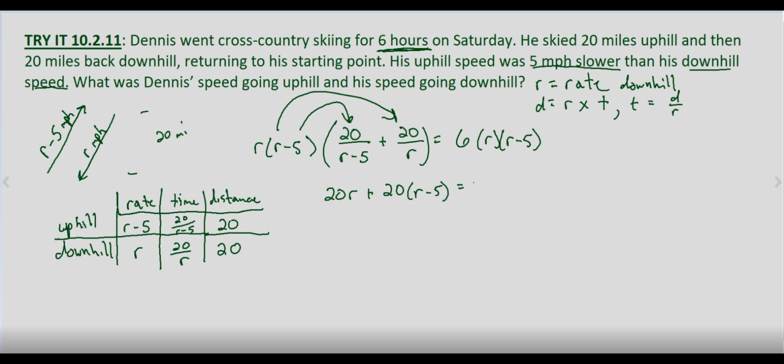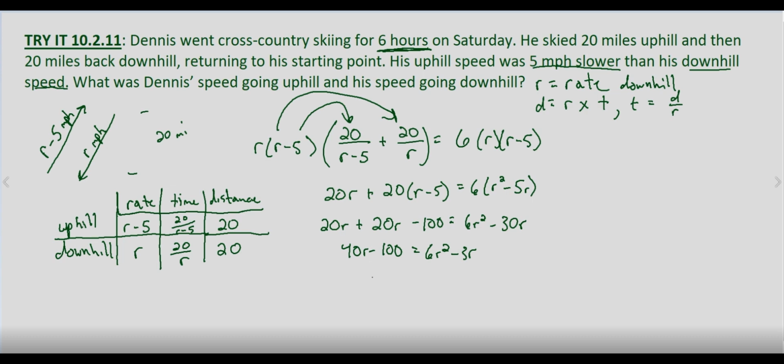And that equals 6 times, distribute the R squared minus 5R. So simplifying further, we have 20R plus, distribute the 20, 20R minus 100 equals 6r squared minus 30r. Combine like terms, we have 40r minus 100 equals 6r squared minus 30r.